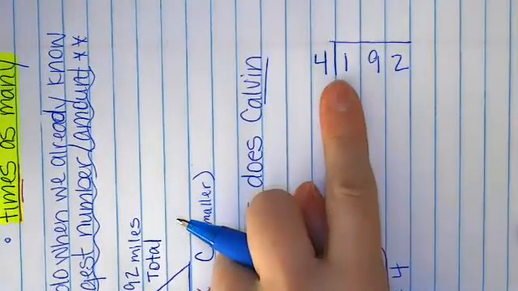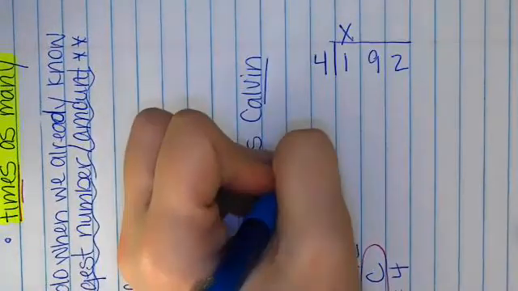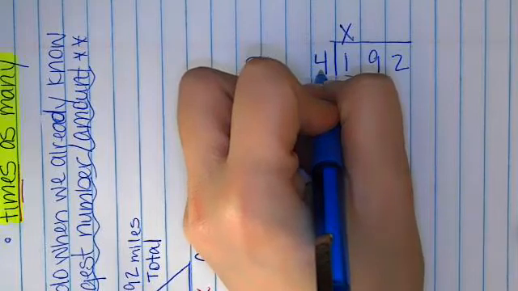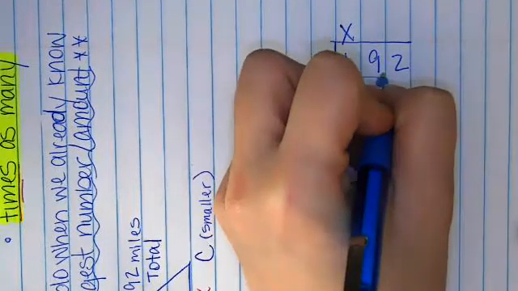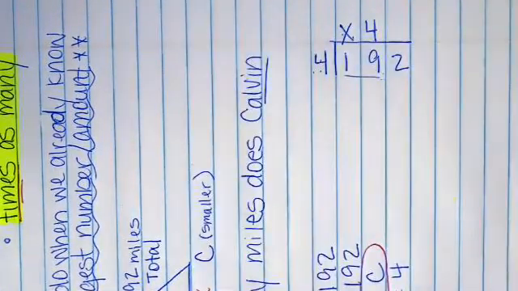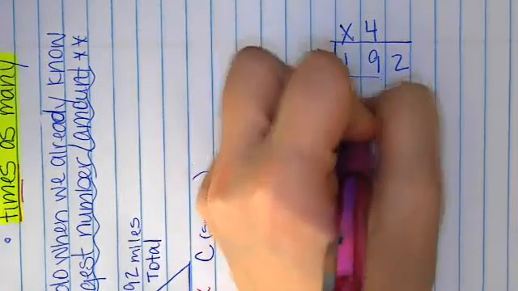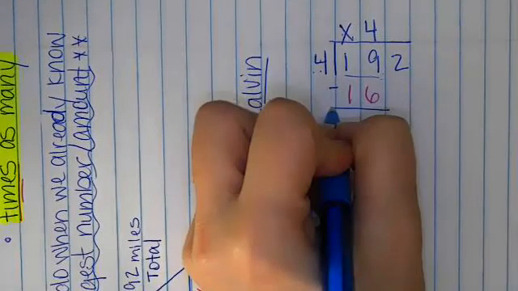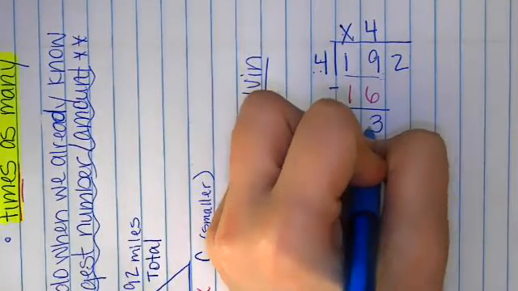Now I know that I cannot do 1 divided by 4. That doesn't work. So I'm going to hold my place. I'm going to say 19 divided by 4 because I'm going to divide first. 19 into 4 groups. I can do 4. 4 times 4 is 16. 19 minus 16 equals 3.